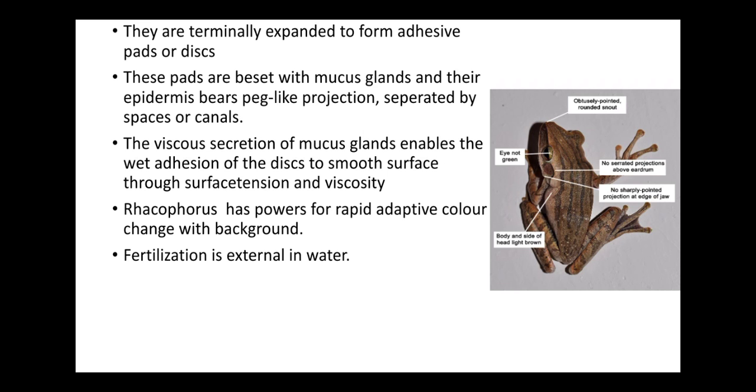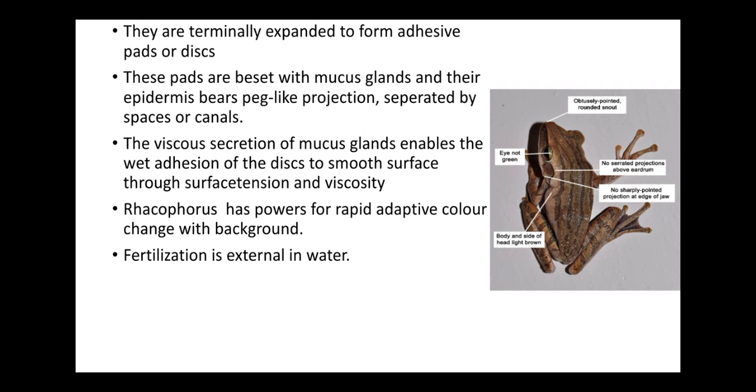The viscous secretion of the mucus glands enables wet adhesion of the disc to a smooth surface through surface tension and viscosity. Rhacophorus has the power of rapid adaptive color change to merge with the background.